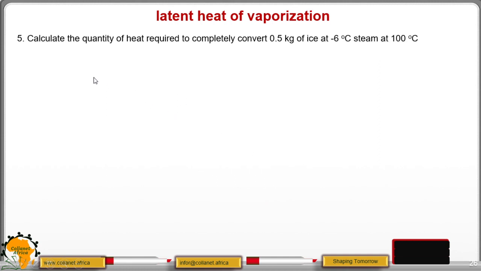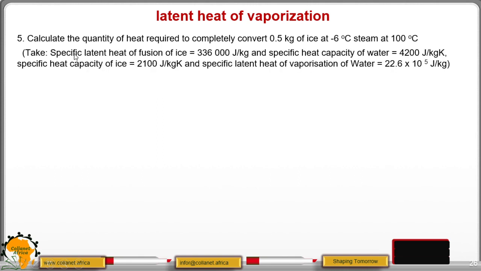Then number 5, calculate the quantity of heat required to completely convert 0.5 kg of ice at -6 degrees Celsius to steam at 100 degrees Celsius. Take the specific latent heat of fusion of ice as that one, specific heat capacity of water as 4,200, specific heat capacity of ice as 2,100, and specific latent heat of vaporization as 22.6 times 10 to the power 5 joules per kilogram.